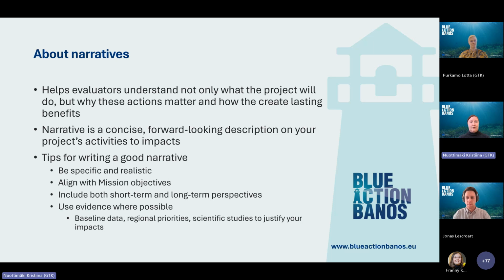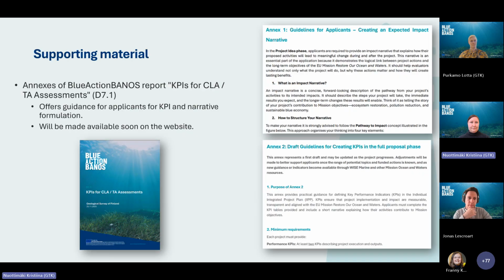You can use, for example, baseline data, regional priorities, and scientific studies to justify your impacts. And to support you in this, there's a specific deliverable that we've written, which offers guidance for applicants for KPI and narrative formulation, and it will be made available soon on the website.